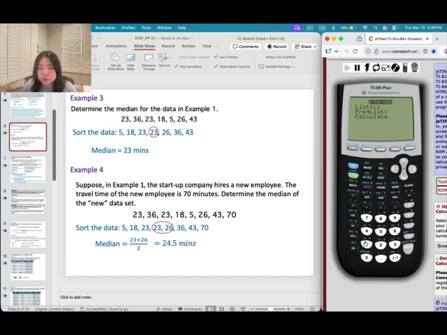Okay, so did you guys see the blue letter here? Right? I'm going to click 2nd 1, which represents L1. And then just go to Calculate. Enter. So you're going to see my sample mean will be 24.857.